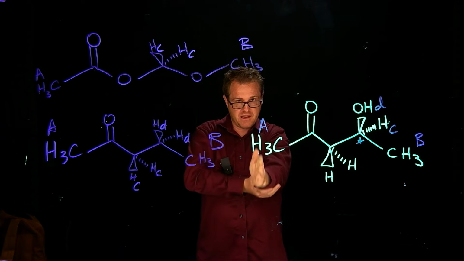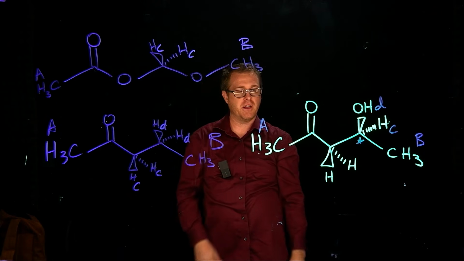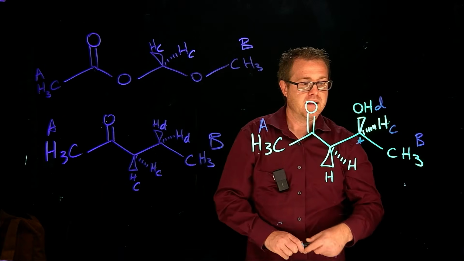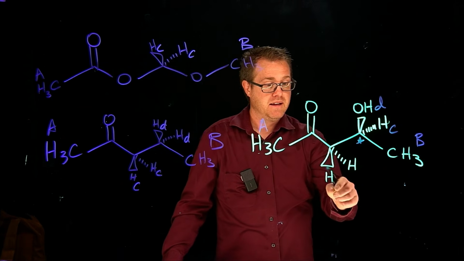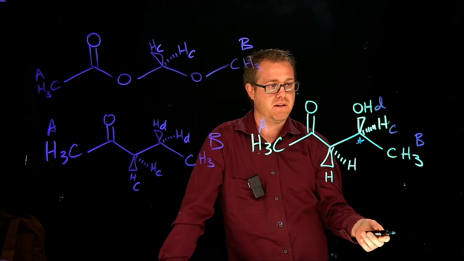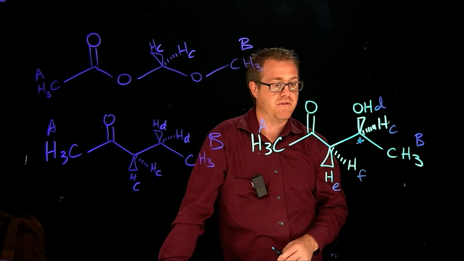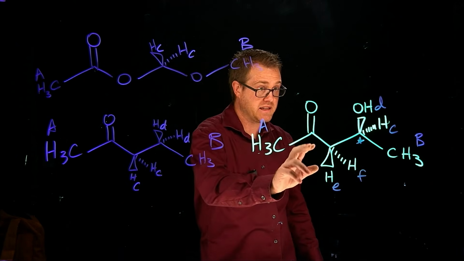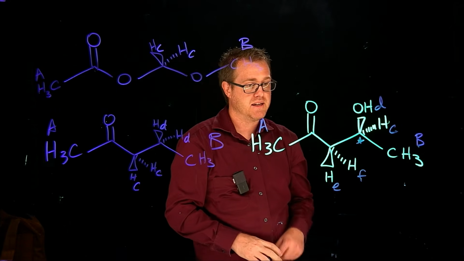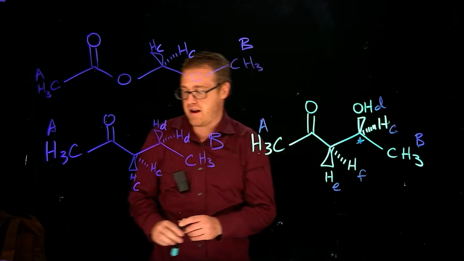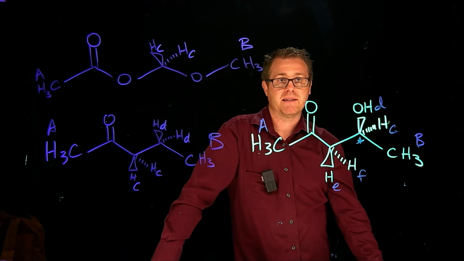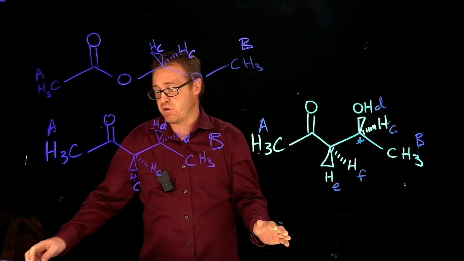And so there's no plane of symmetry when you look down the molecule. So since there's no plane of symmetry between these two, those make those diastereotopic. And so since they're diastereotopic, they have to give separate and distinct signals because they're not equivalent. So E and F. So how many signals is this simple molecule going to give? 1, 2, 3, 4, 5, 6. 6 signals.